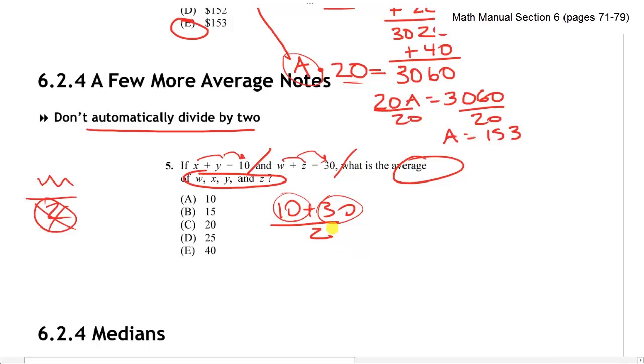Unfortunately, that is not correct, because this number 10 is made up of 2 numbers. This number 30 is made up of 2 numbers, the x and the y and the w and the z respectively, and therefore we don't want to divide by 2 here. We actually want to divide by 4. So this would be 40 over 4, which equals 10.